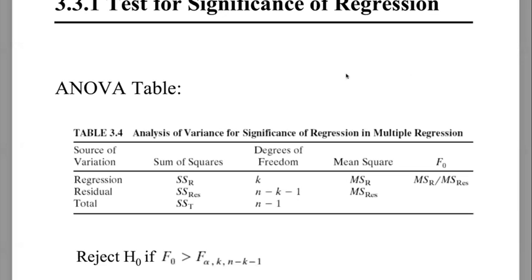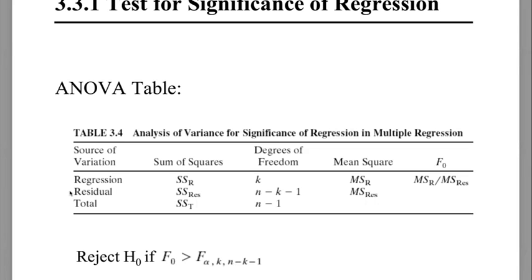Now, once we've calculated those values, we can organize that work in the form of an ANOVA table. We've got our source of variation column, and we've got the total variation in the response, and we're partitioning that into two pieces: the variability that is accounted for by the regression and the variability in the response that is not accounted for by the regression, and that's what we call the residual.